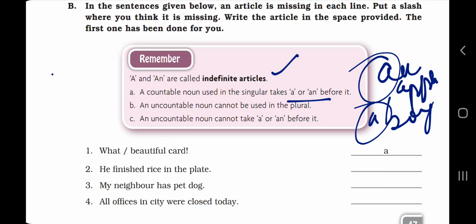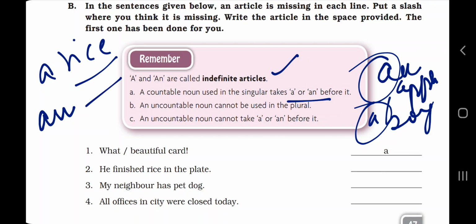Of course, we cannot say a rice. Do we say a rice? No, we never say a rice. I'm not able to recall just now.